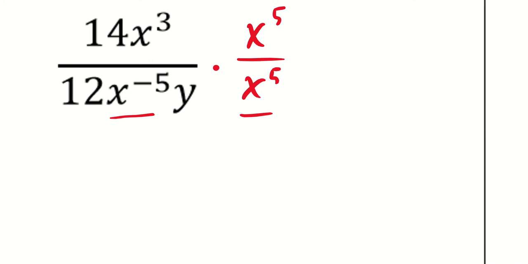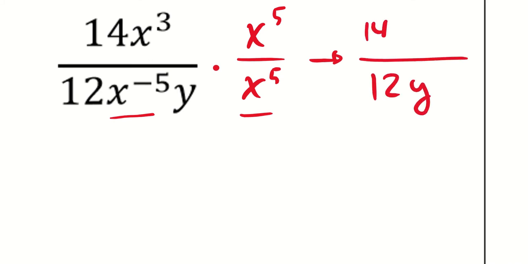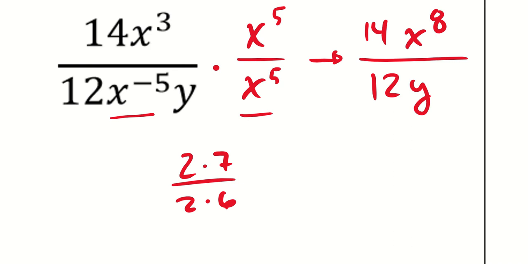If I was to rewrite that denominator now, it would just be a 12 and a y. In my numerator, I've got a 14, and I've got an x raised to the 8th power. One more thing that I can do, there is a common factor here with 12 and 14. 2 times 7 is 14, and 2 times 6 is 12.